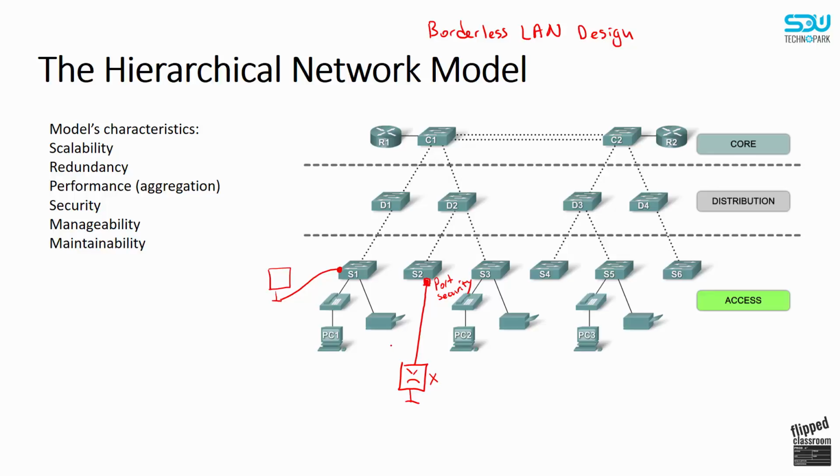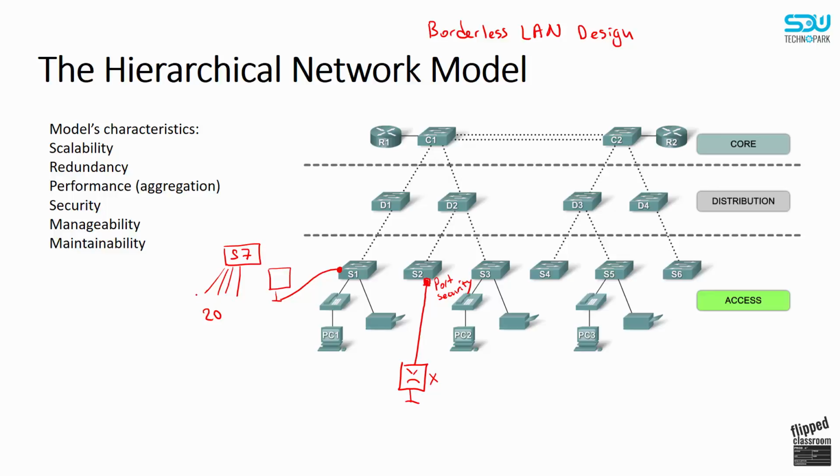Let's take a look at the model's characteristics. One of the characteristics is the scalability. This networking model can be scaled very well due to the fact that it consists of some modules. And in case your organization is going to be connected with the new department, I mean if new department will start work inside this organization, this department can be connected to one of the switch, for example, in which we have about 20 ports.